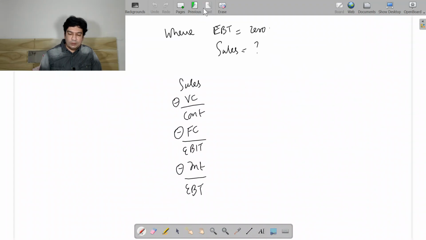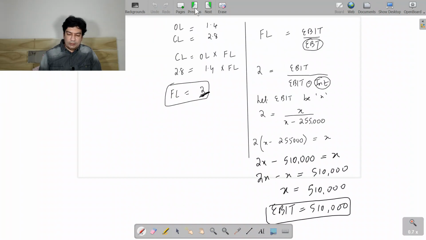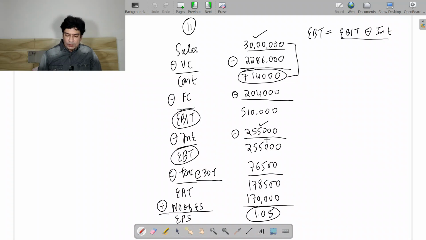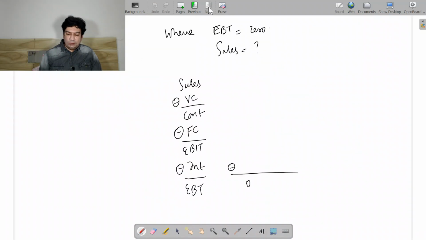So this is your solution to the fourth part. Now the EBT, they have mentioned it to be 0. The interest component, we know, is 2,55,000.